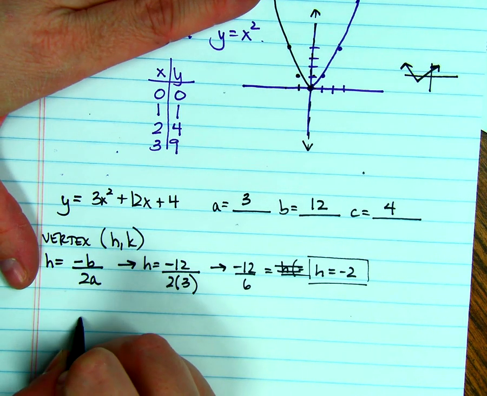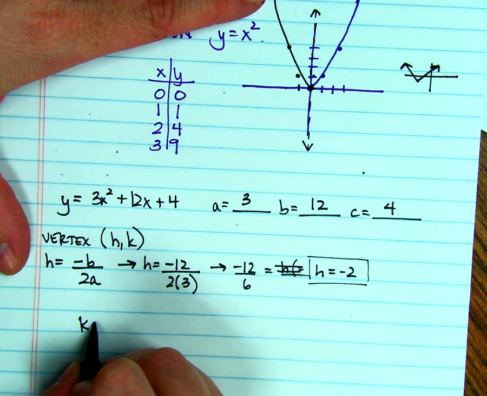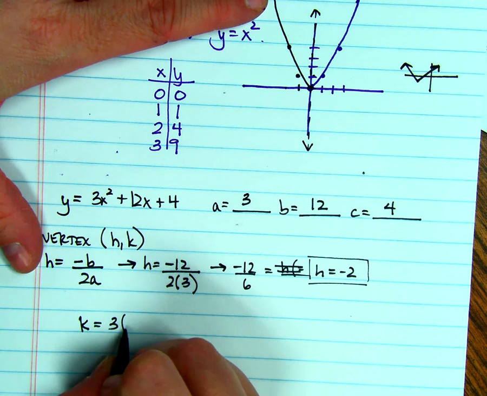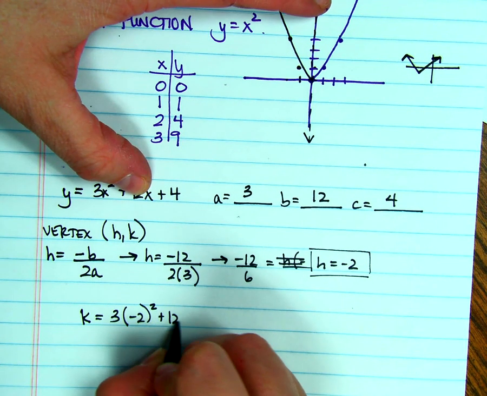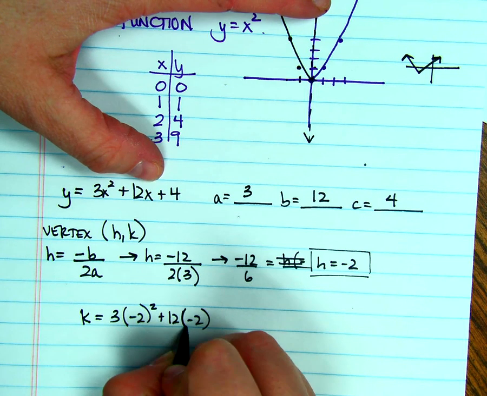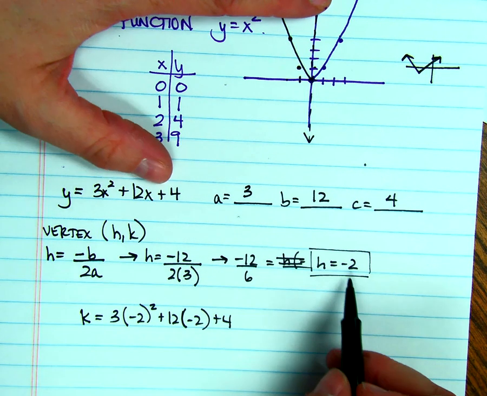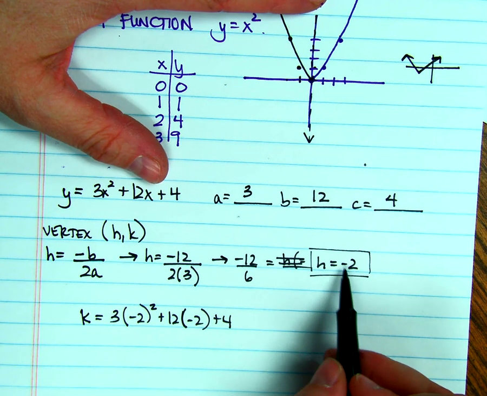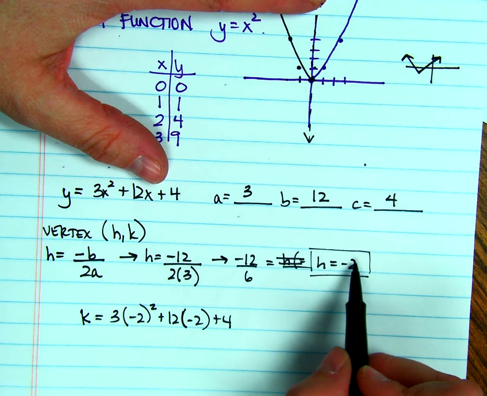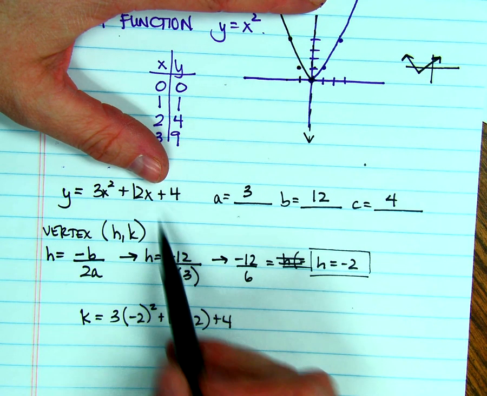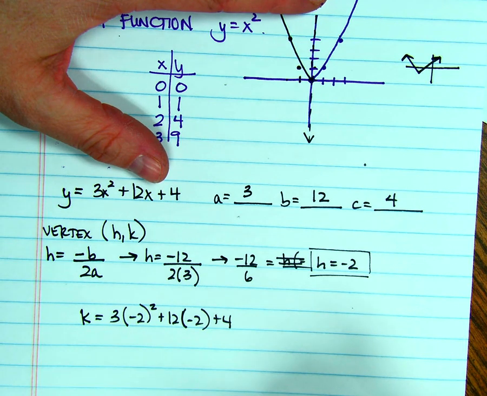So I have to find K, which is also my Y, equals 3 times negative 2, that is squared, plus 12 times a negative 2, plus my 4. So all I did was take my H value and plug it in for X, for all of my X's in my original equation.